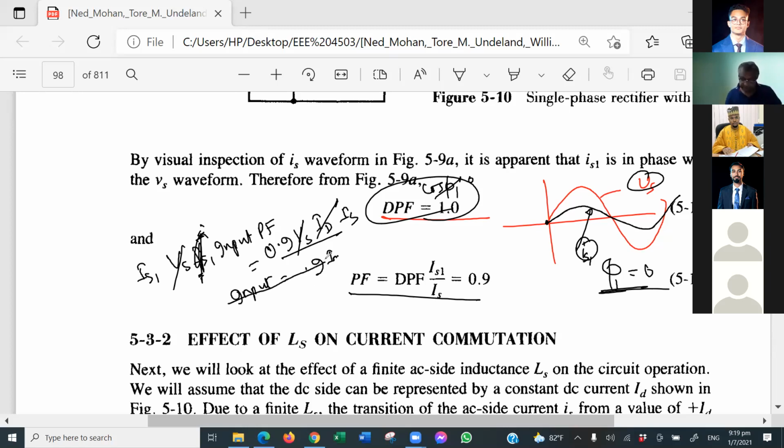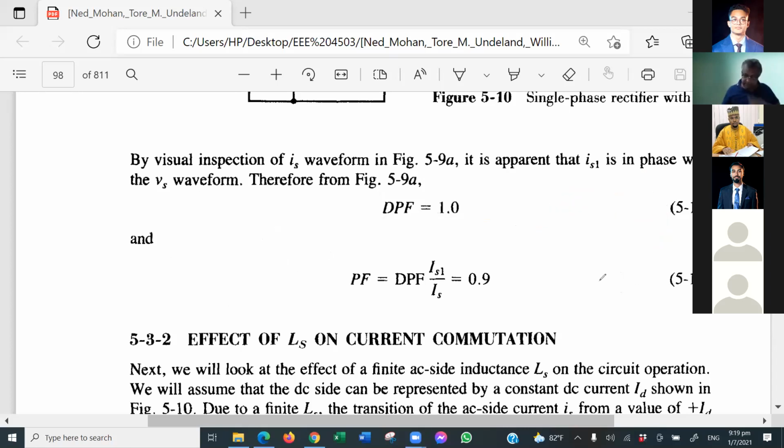Let me write it down here. This is your IS1, and this is your IS. So now, what will be your input power factor?